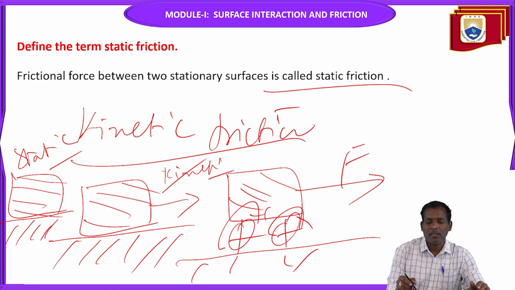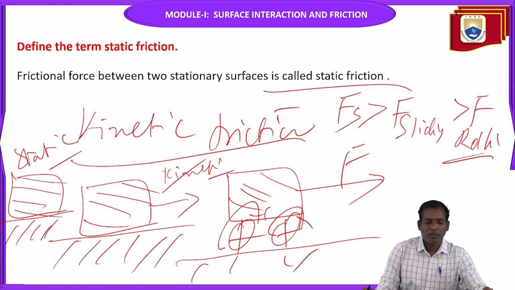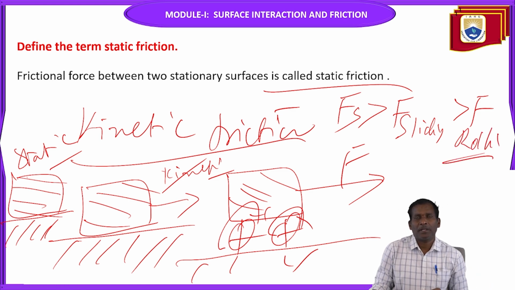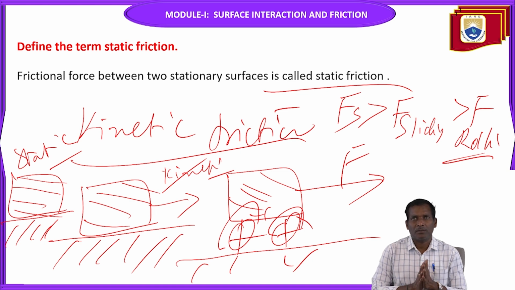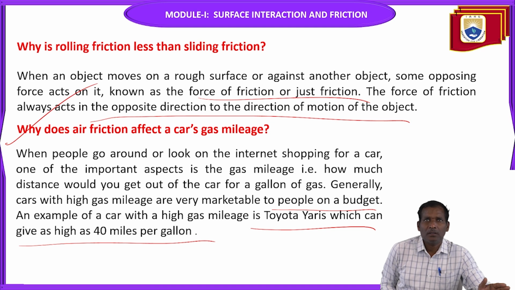Now you can write the relation: the static friction has a higher value than the sliding friction, and sliding friction is greater than rolling friction. That's why static friction, rolling friction and kinetic friction are very important, and that's why the rolling friction is less than the sliding friction.